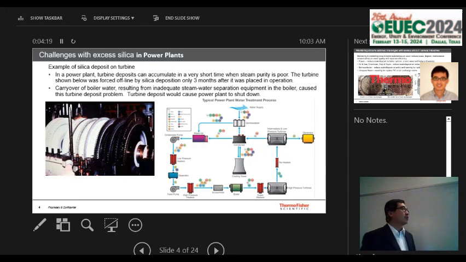Obviously some of the steam condensate goes to the makeup. So all these are sources of silica, and by monitoring in different places, you will be able to see exactly where it comes from and have the correct response, because obviously you need a different response if it's coming from different areas.